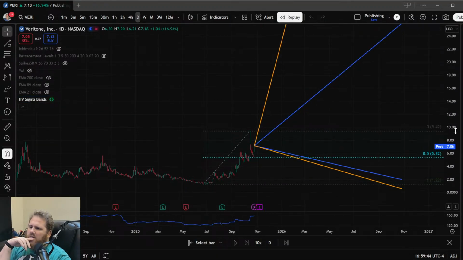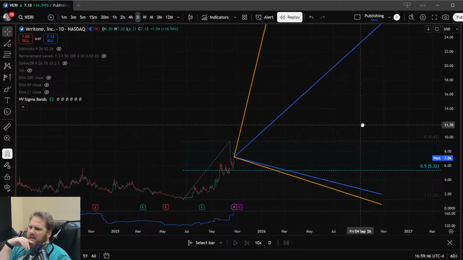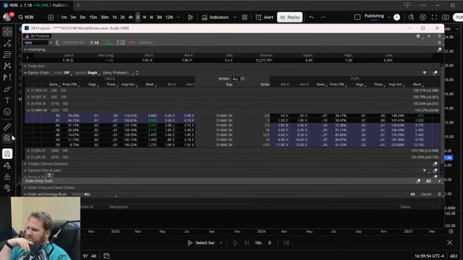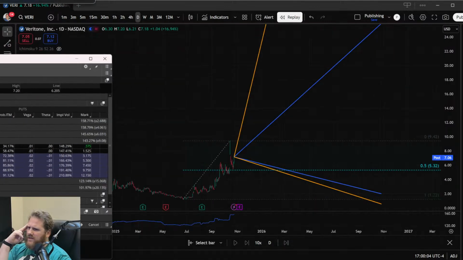Delta is a proxy for probability, so let's do the May. Just trying to validate this and show you how this potentially works. The delta on the 7.5 is 39%.